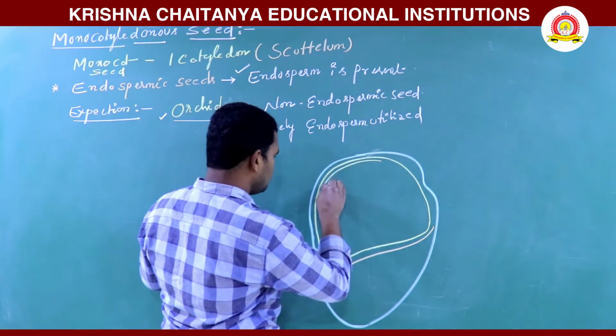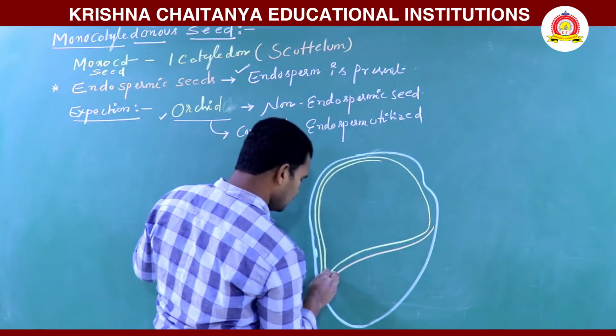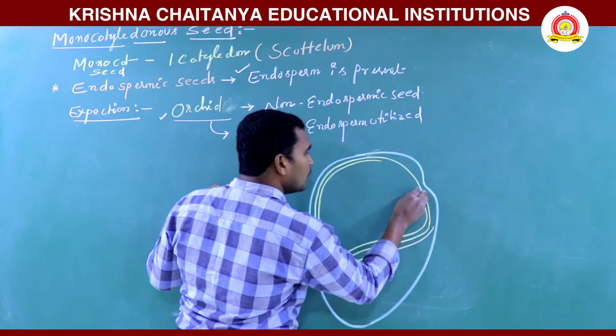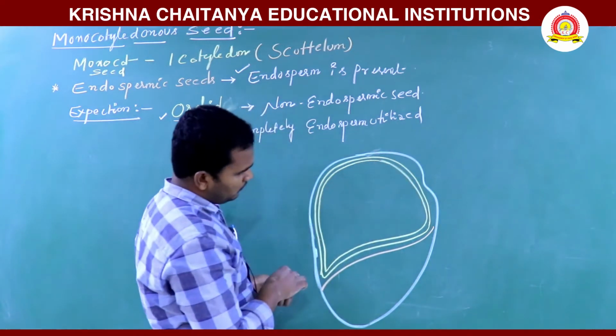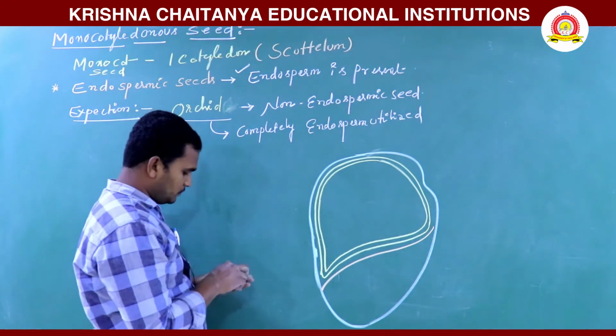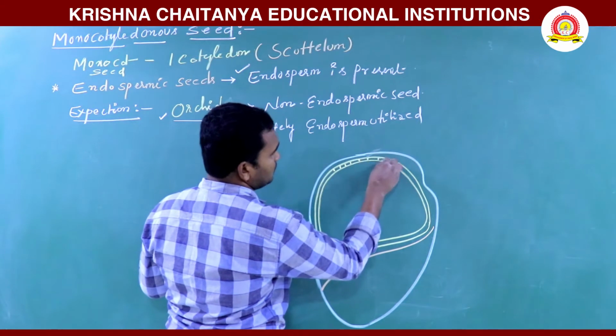The embryo is present, generally small, situated at one end of the endosperm. Here first we will draw and discuss this diagram.